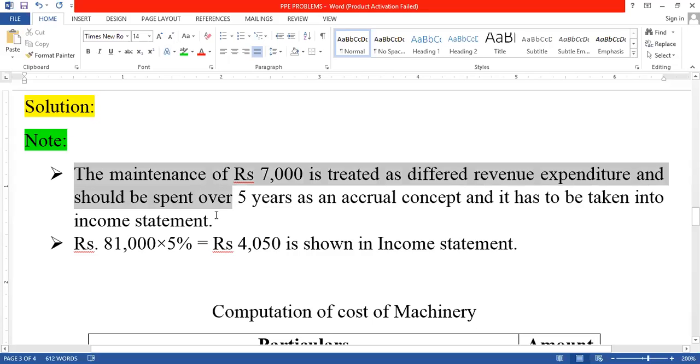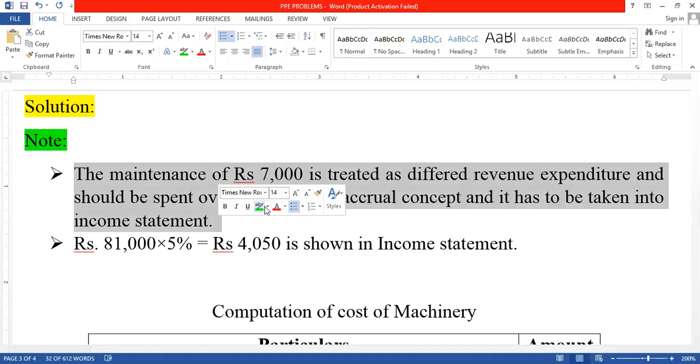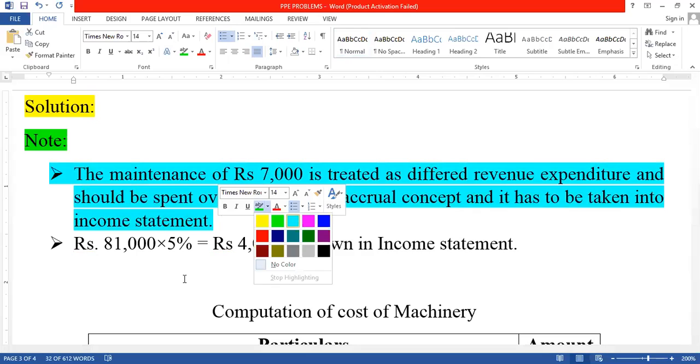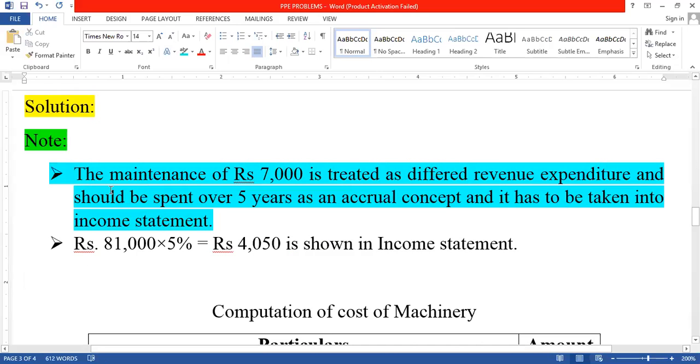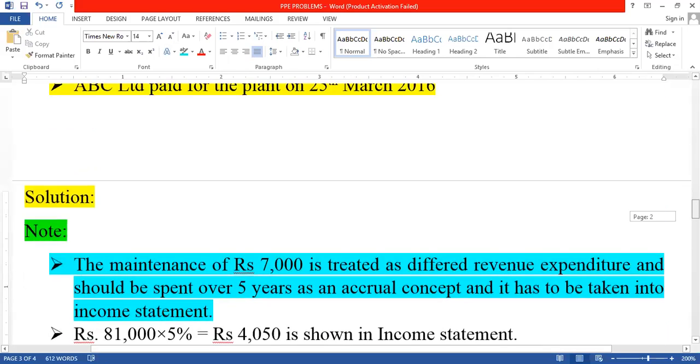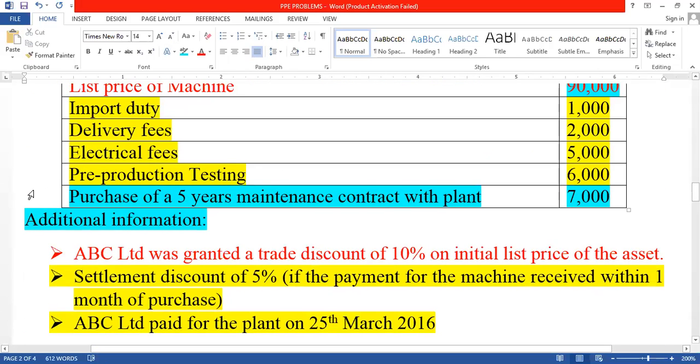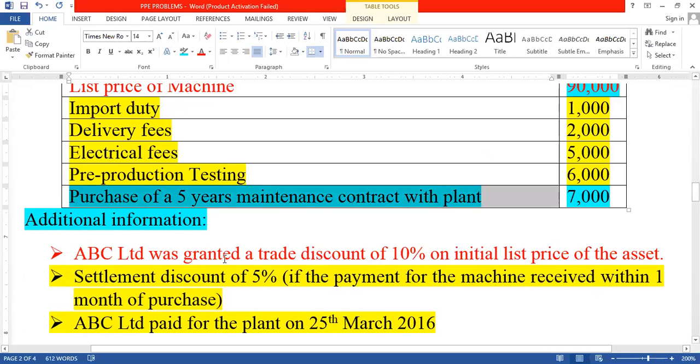In this first note, they clearly tell us the maintenance of 7,000 is treated as deferred revenue expenditure. So what is this 7,000? It is the purchase price of the 5 years maintenance contract with the plant.